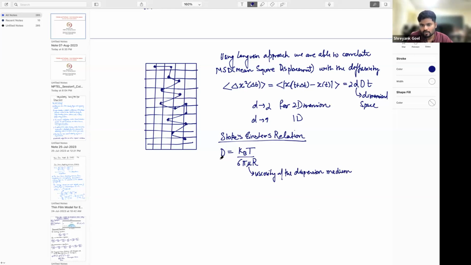From here we know D, so we can find out what kB is. When we know kB, we know what the Avogadro number is using this relation.